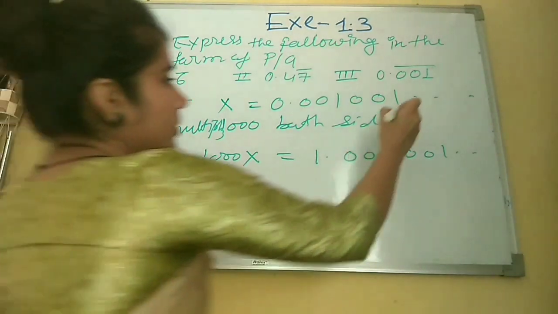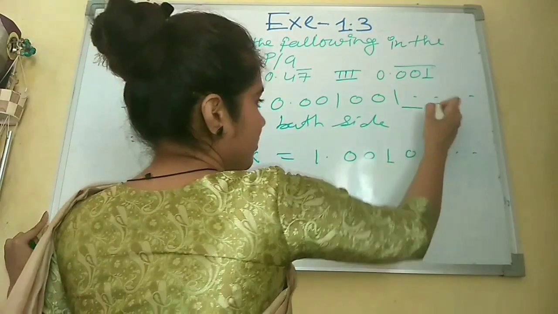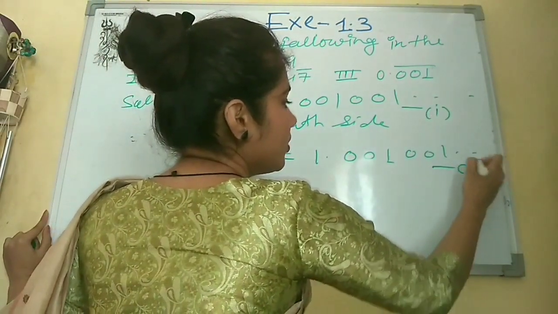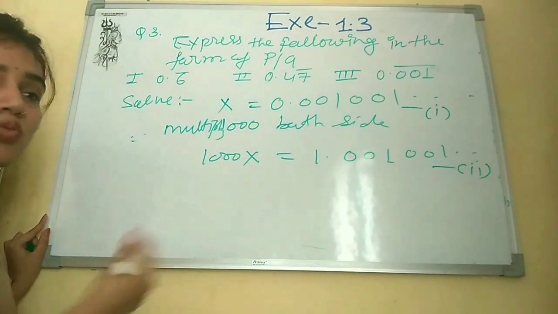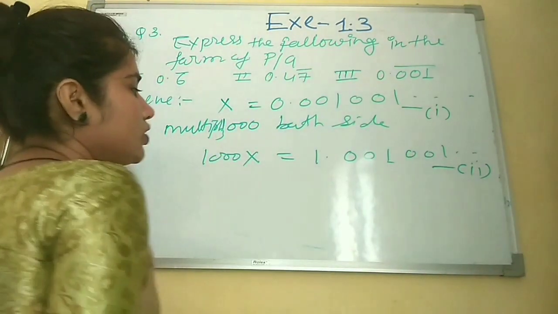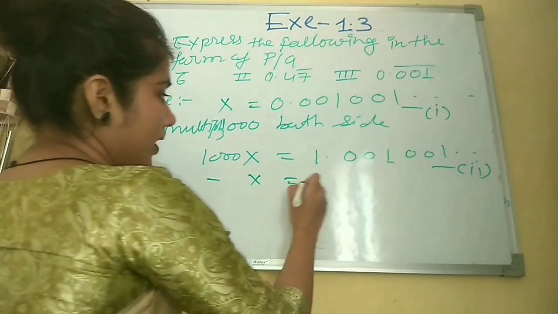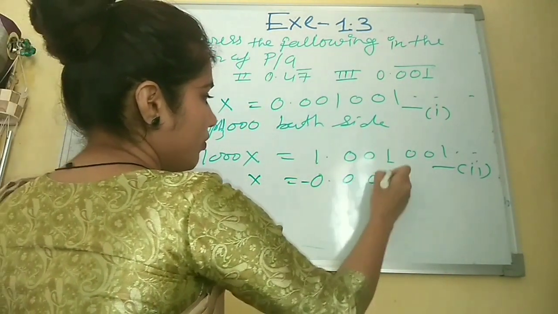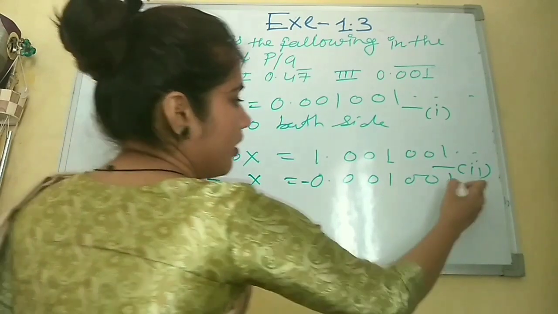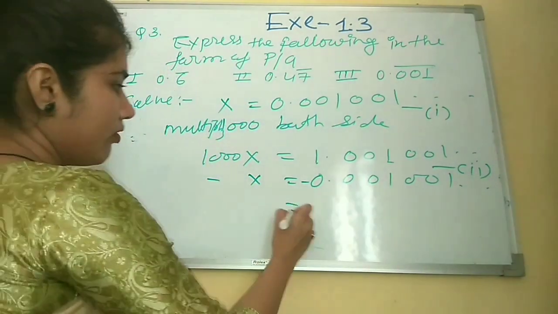Okay, this will be equation number 2 and the original will be equation number 1. Now just subtract equation 1 from equation 2. 1000x minus x equal to 1.001001... minus 0.001001... to infinite times.